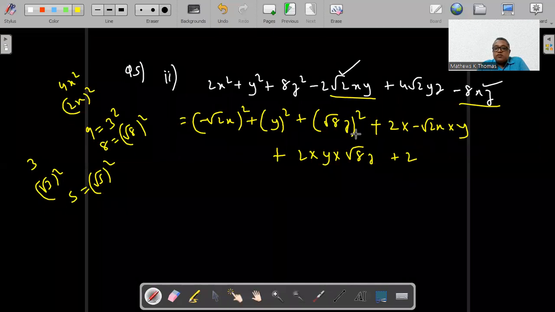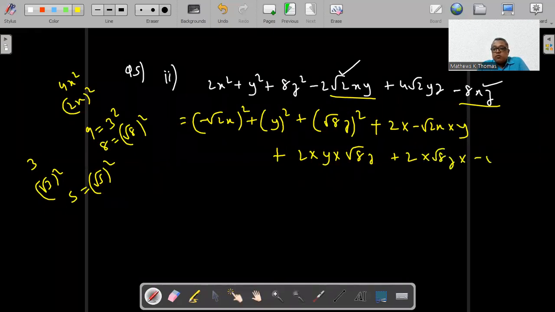So what is the value of c here? c is root 8z and a is minus root 2x. So we got a square, b square, c square, 2ab, 2bc and 2ca, right? So this will be a plus b plus c whole square. So the answer will be minus root 2x plus y plus root 8z whole square.